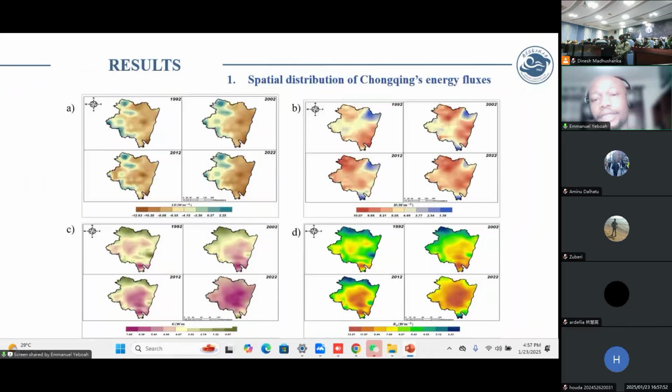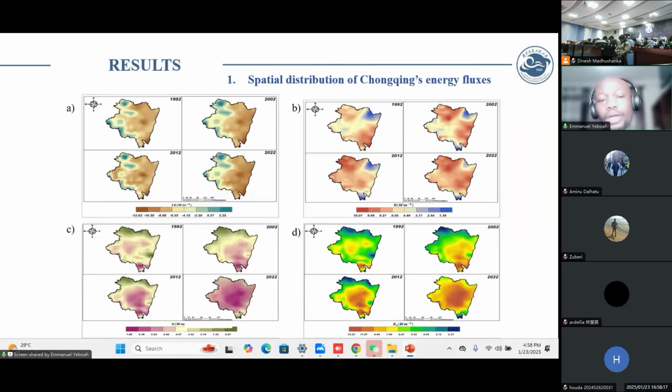So with the results, this is just a spatial distribution of energy balance fluxes across the Chongqing area. We can see that A in figure 1 is basically the latent heat. You can see the latent heat is quite prominent at the outskirts of the city. That is because of evapotranspiration and evaporation from water bodies and vegetation.